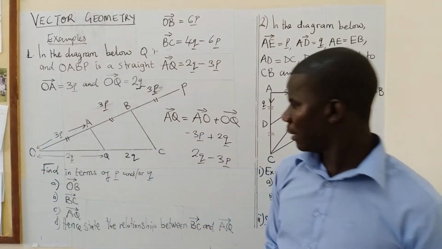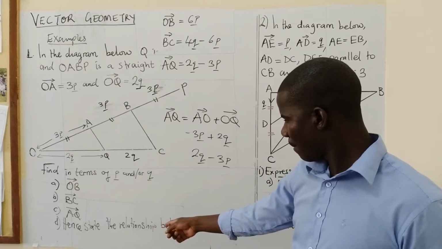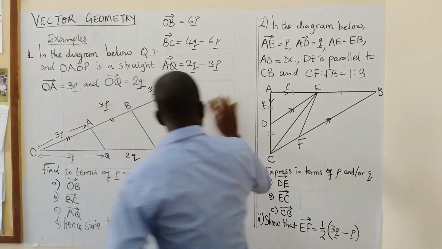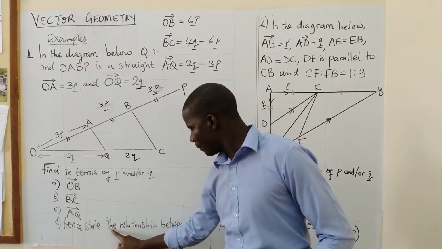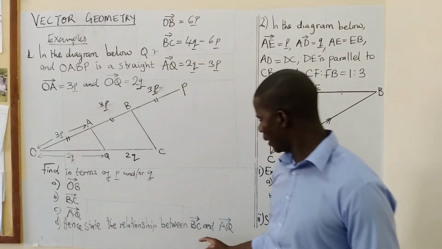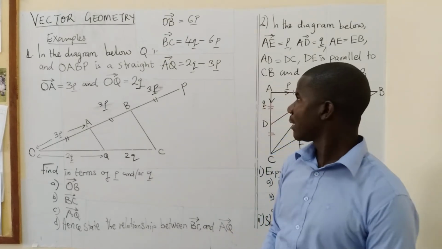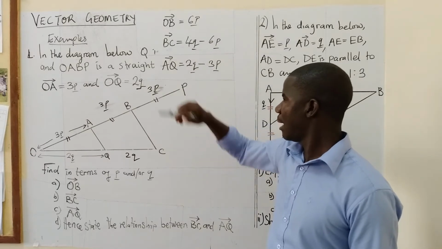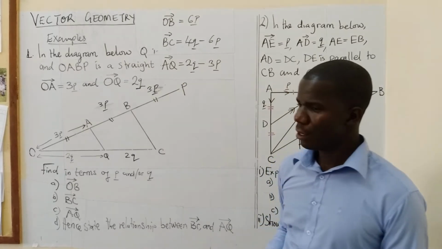Now, we still have a question here, which is the last one: hence, state the relationship between BC and AQ.